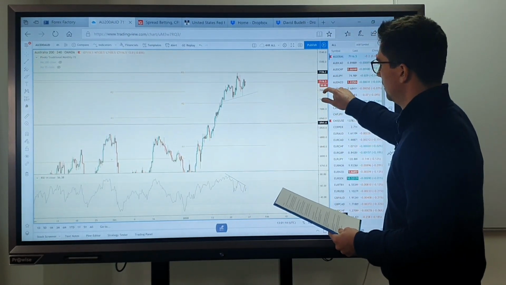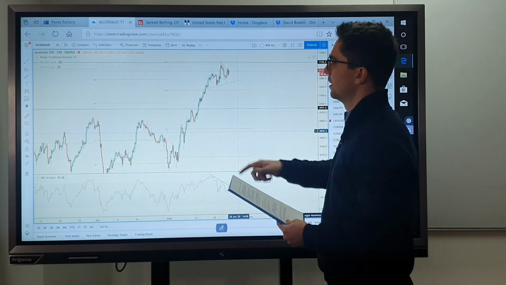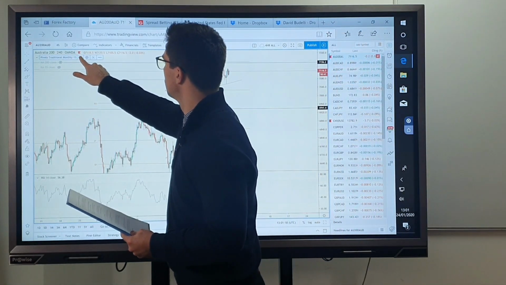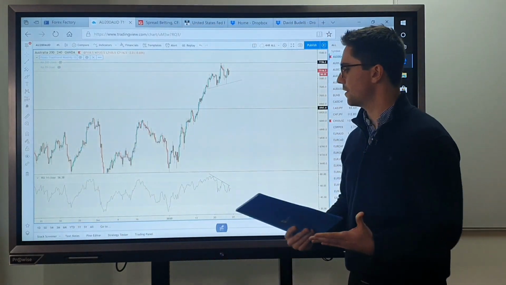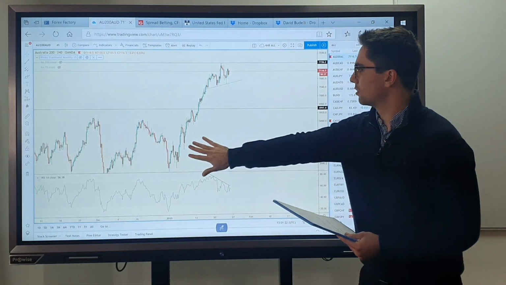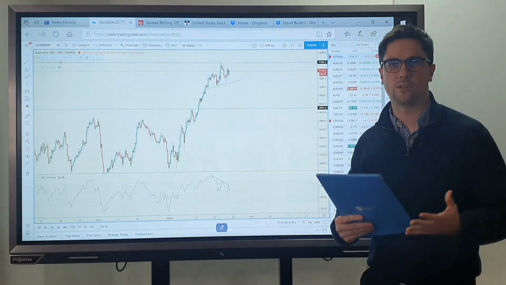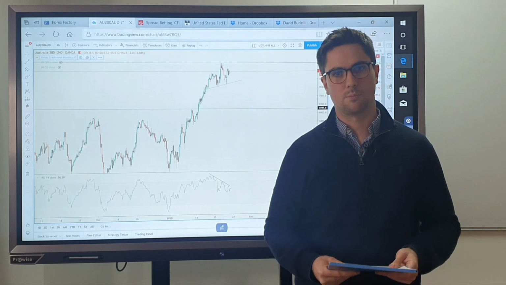a very similar story. Let's remove these pivot points. Looking at this very simplistically, this strong bullish charge, it's been relentless for the Aussie 200 over the past few months.